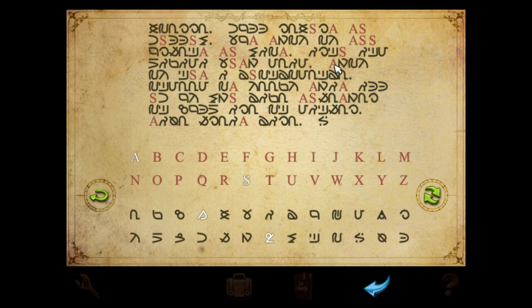Can we find anything? We could probably give I to this then, because if this is AS, then IS is really the only other thing we know of in the English language, but I don't know if this is actually written in English or if this is just a French puzzle and this is all in French.